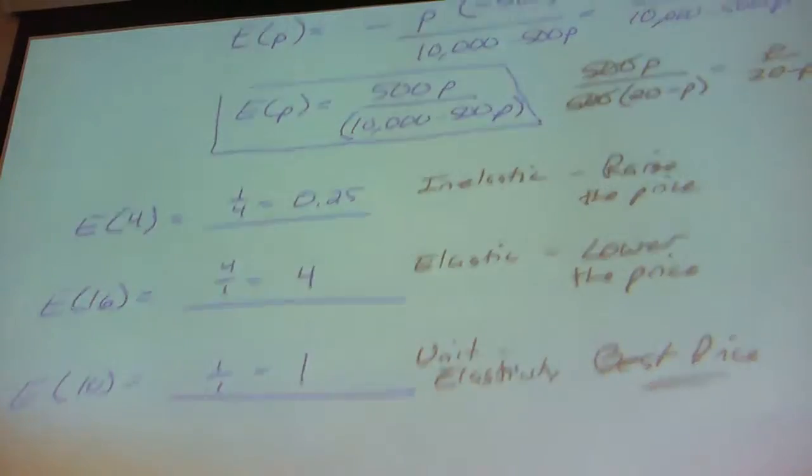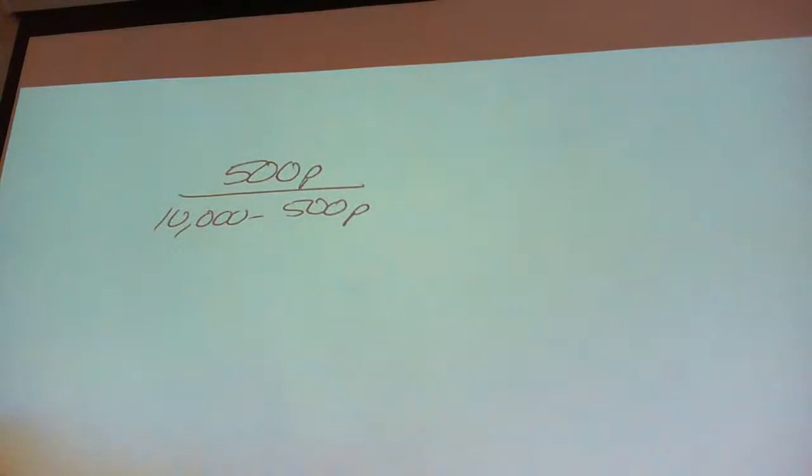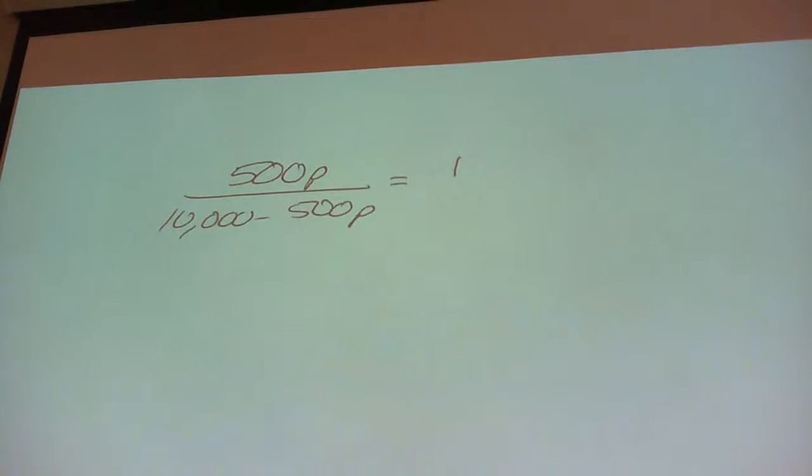I could have skipped all this work, and I could have said, I know that my demand is 500p over 10,000 minus 500. Once I have that elasticity demand function, what do I want it to equal? 1. Then I need to solve for what?